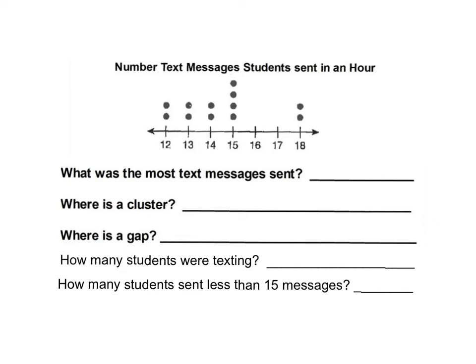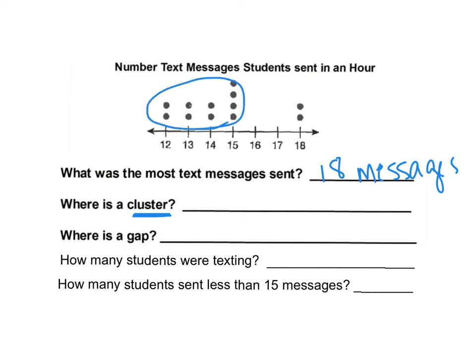So our first question, what was the most text messages sent? That would be 18 messages. Where is a cluster? So that could be a new word for you. Cluster is like a group. So where is most of our data grouped together? I would say this over here is our cluster.